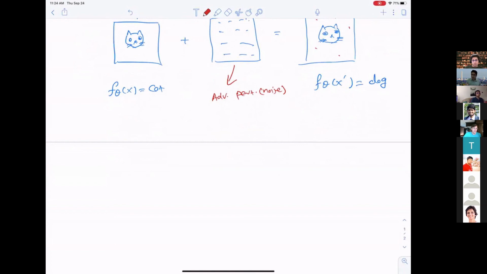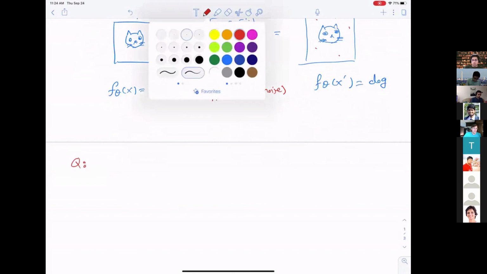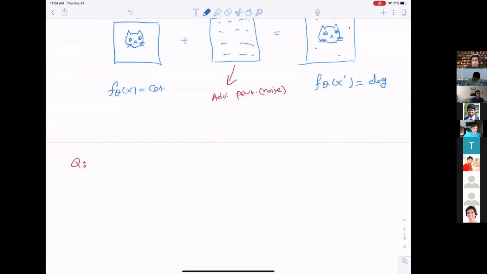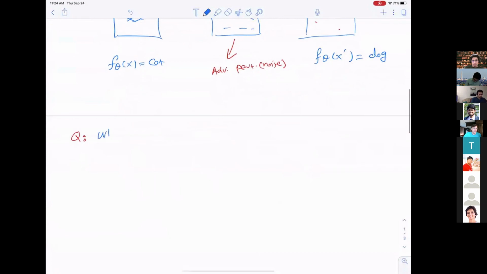Okay, so that's a good point. In fact, let's step back and ask this question: what is an adversarial example?